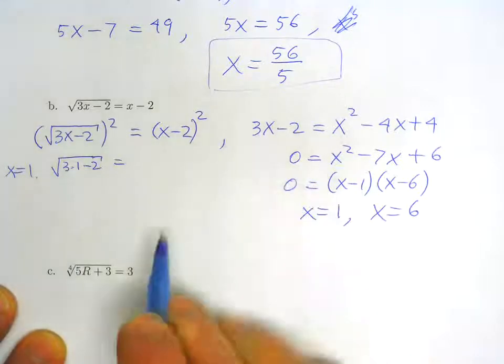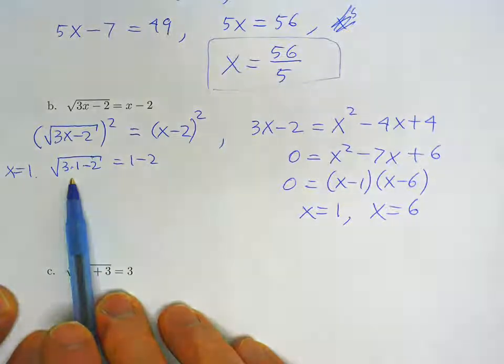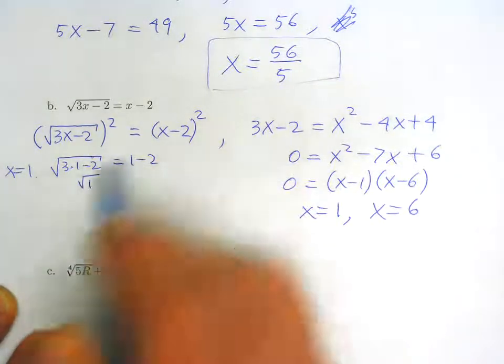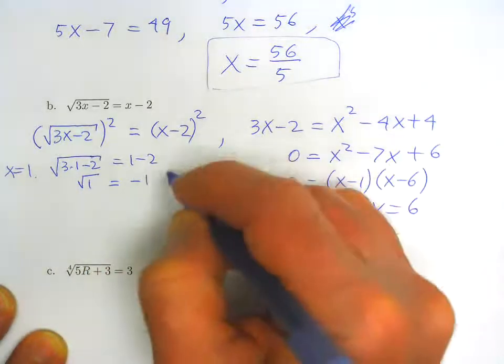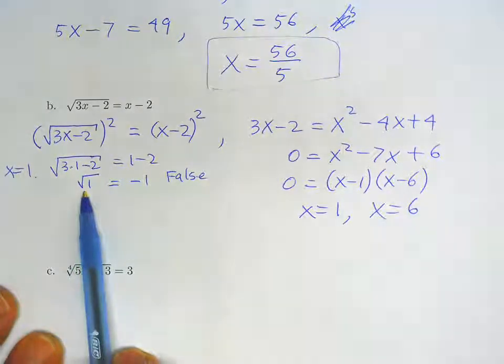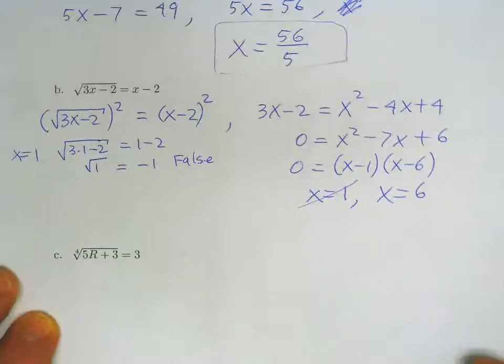On the right-hand side, 1 minus 2. So on the left-hand side, we get the positive square root of 1, because 3 times 1 minus 2 is 1. On the right-hand side, we get negative 1. And that is false, because the left-hand side is positive 1. So 1 is not a solution.